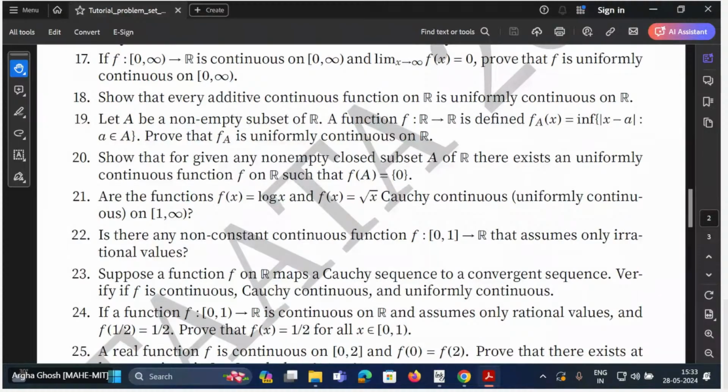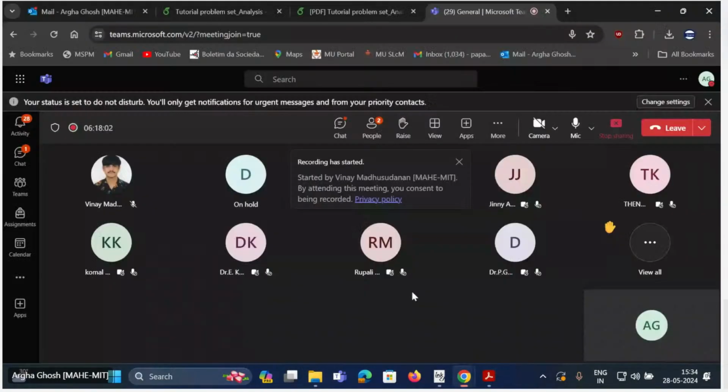Any question from online as well as offline? No. Then we are concluding this session. We'll again meet after 15 minutes. There is a little break.